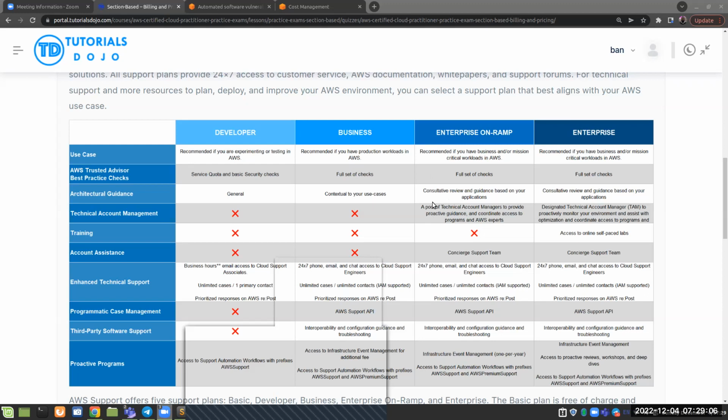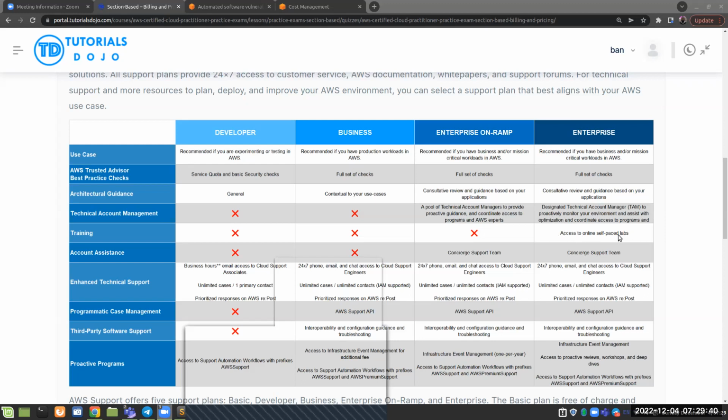For Enterprise On-Ramp, you have a pool of them, so you don't have someone dedicated just to your account. That is kind of disadvantageous, but it's still good, right? Because when one is designated, you know you always go to that account manager. So the difference is that Enterprise On-Ramp has a pool of technical account managers, and Enterprise has a designated one.